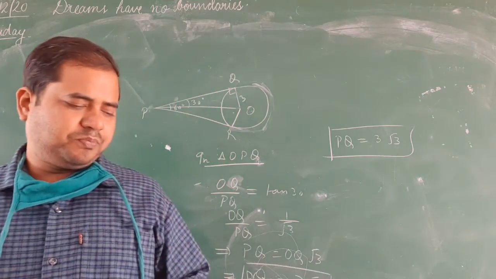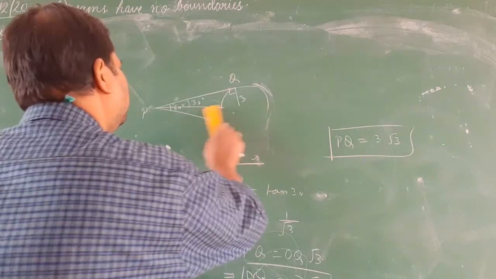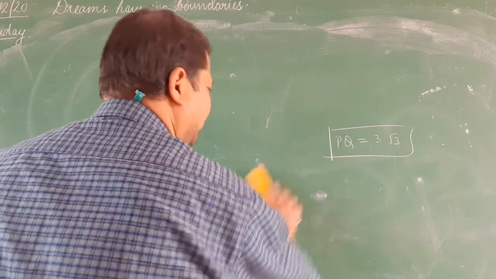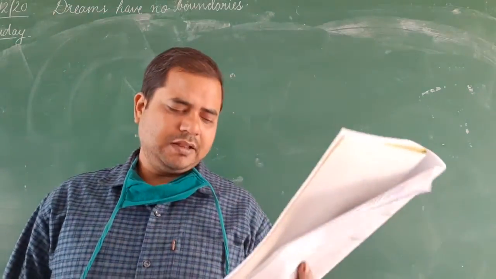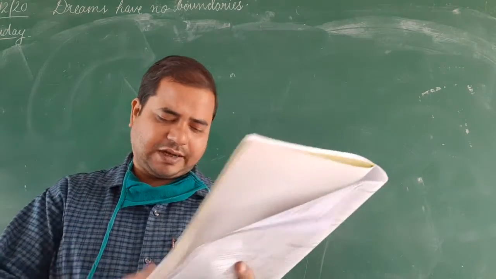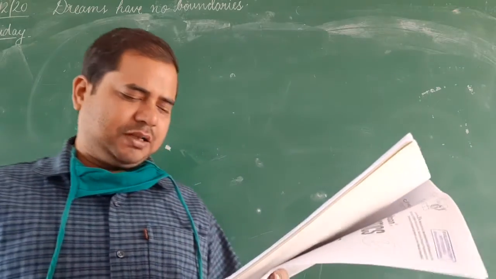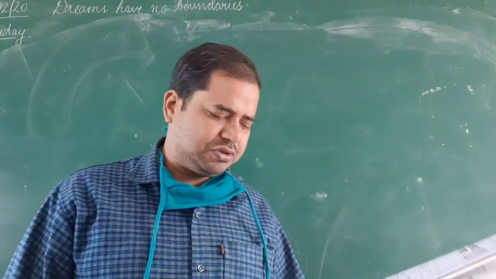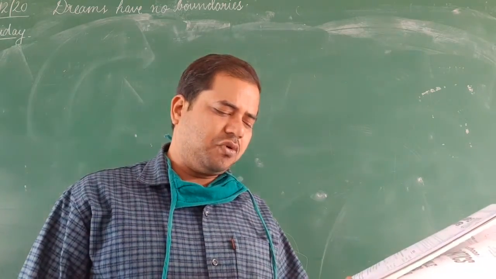PQ is a tangent to a circle. क्या है क्वेश्चन? ये क्वेश्चन नंबर 9 का और है. PQ is a tangent to a circle with center O at point P. If triangle OPQ is an isosceles triangle, then find angle OQP.